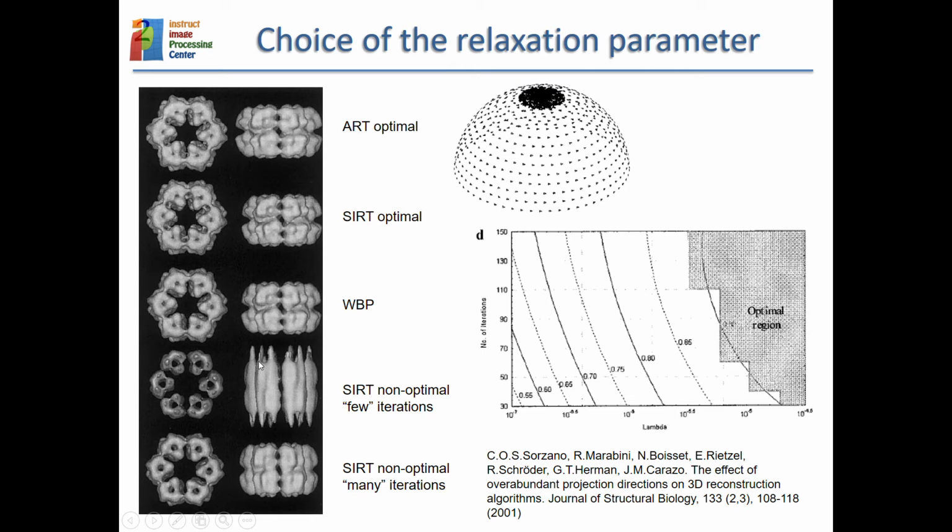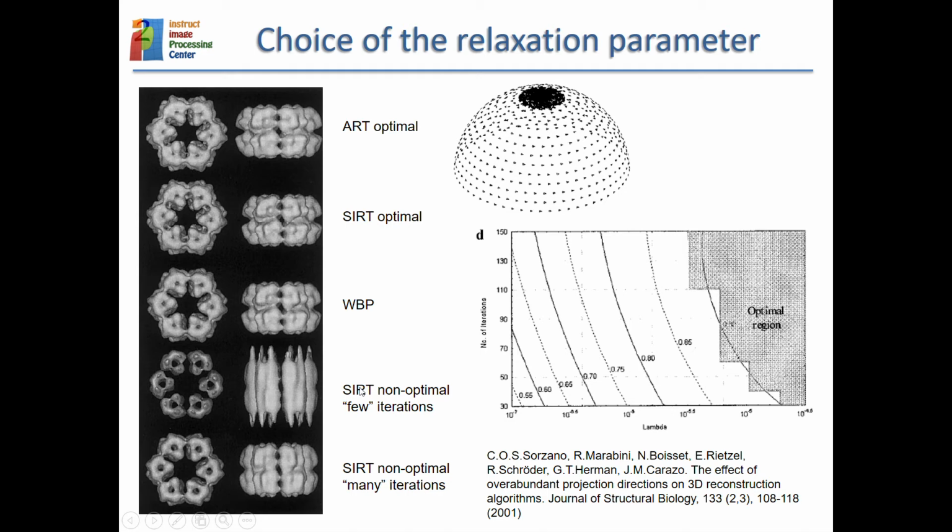and actually these artifacts were not seen in weighted back projection. So is it a problem of SIRT, the simultaneous iterative reconstruction technique, or of ART, the algebraic reconstruction technique? Is it a problem of iterative algorithms that work in real space?